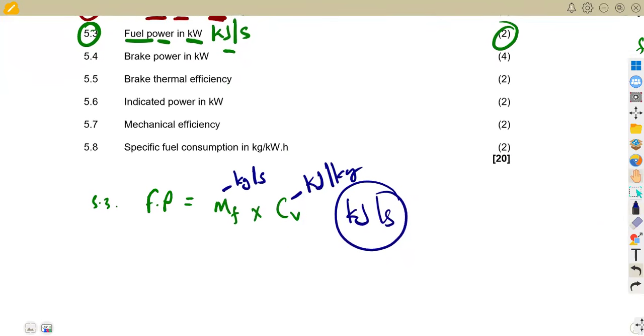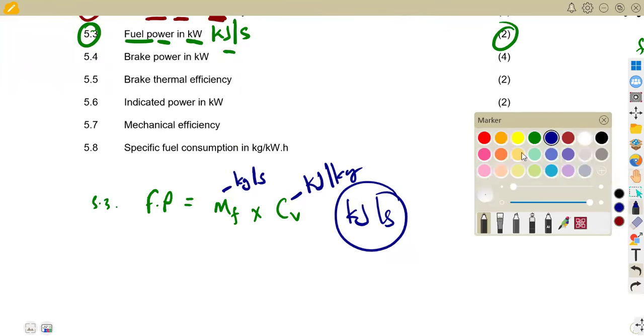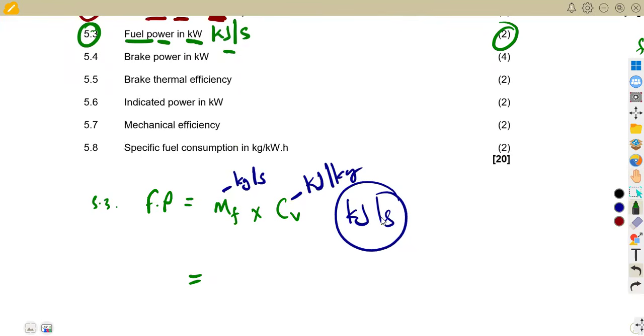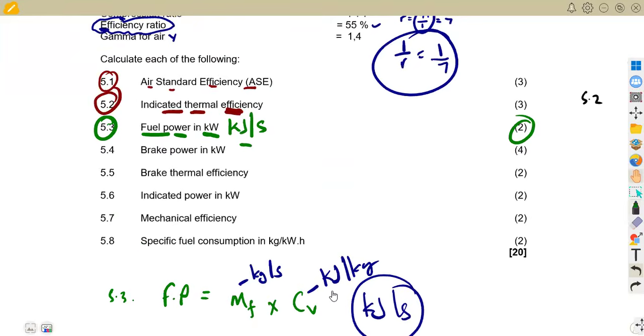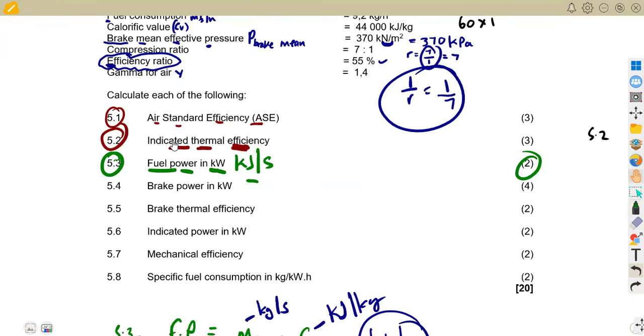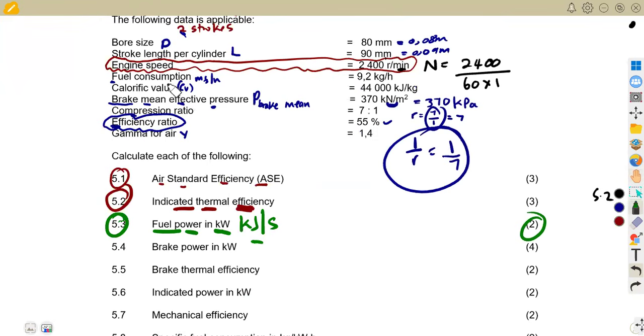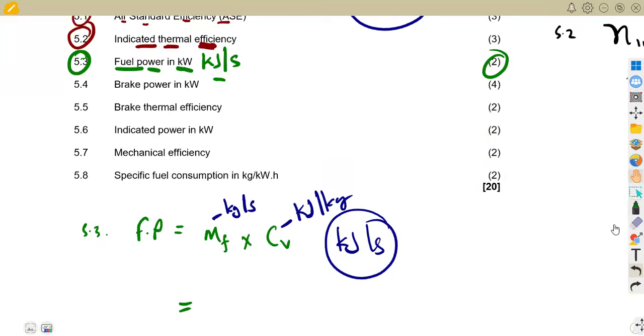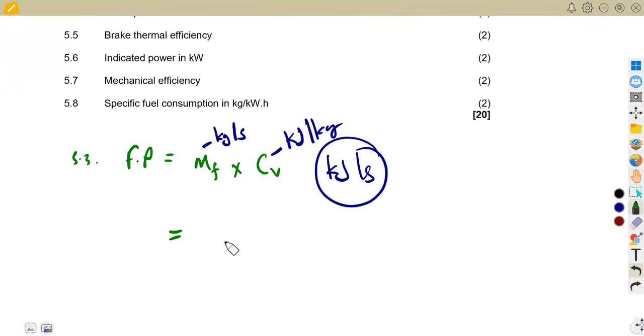All right. So your fuel power with these units is going to be the mass of fuel times the calorific value. How do we convert what we're given on the mass of fuel? If you still remember, the fuel consumption, which is the mass of fuel per hour, is 9.2 kilograms per hour.